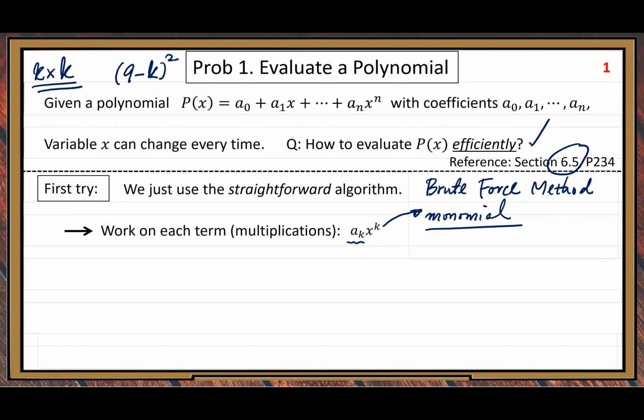Here, we do the similar thing. You can see we pick a representative. This term is the representative term, because this general term can represent any term in the polynomial. If we figure out how to handle this general term, then we can handle all the terms.